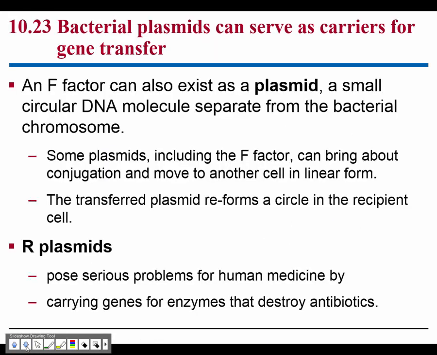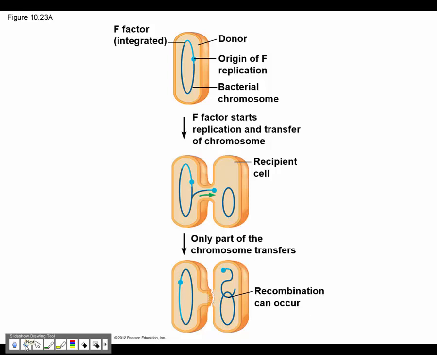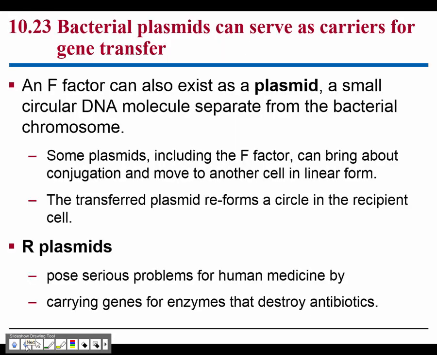So that was kind of a blow up of the other slide. F factors can exist as a plasmid. Plasmids are just small circular DNA molecules. They're not the regular DNA, they're just small circular DNA molecules that can still create proteins.